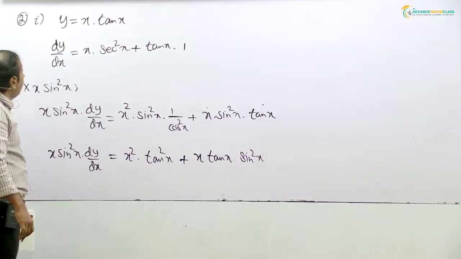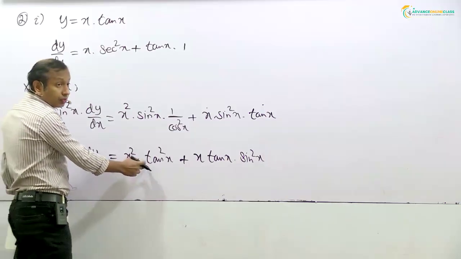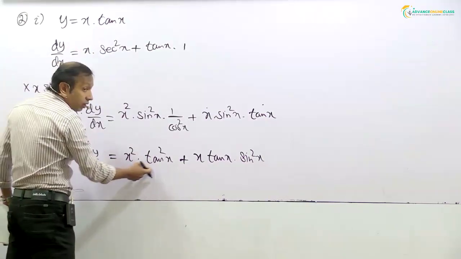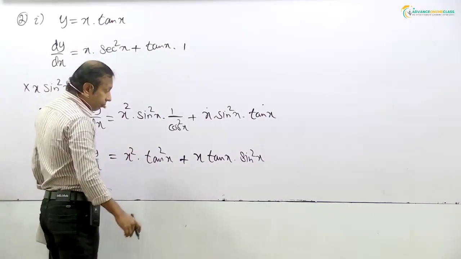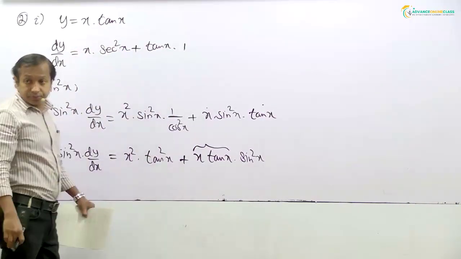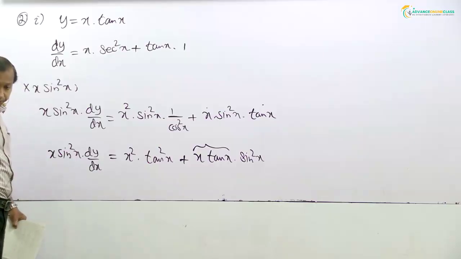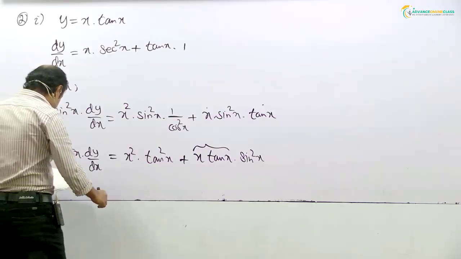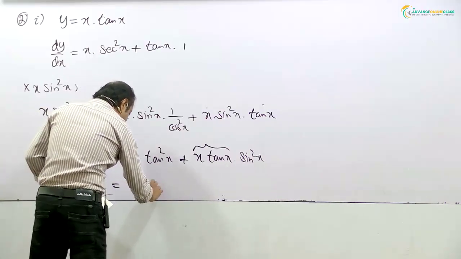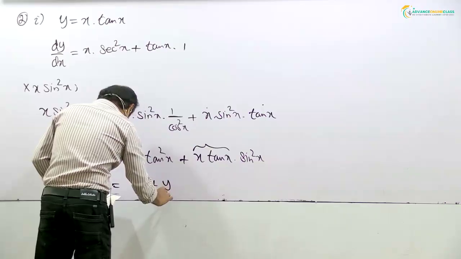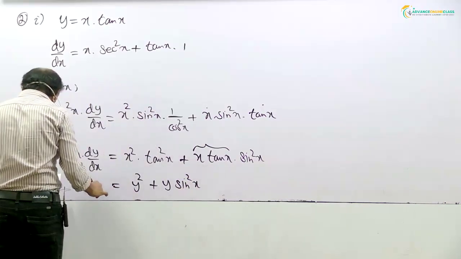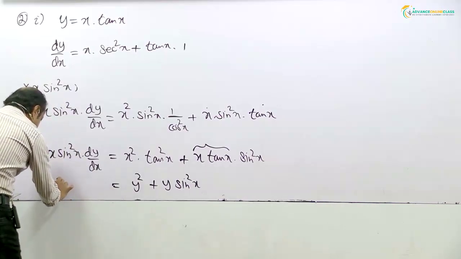What is this? x tan x perfect squared. x tan x is y. It's perfect squared only here, so this is y squared. What is this x tan x? Again y. Then we get this is nothing but y squared plus y sin squared x, with x sin squared x dy by dx.